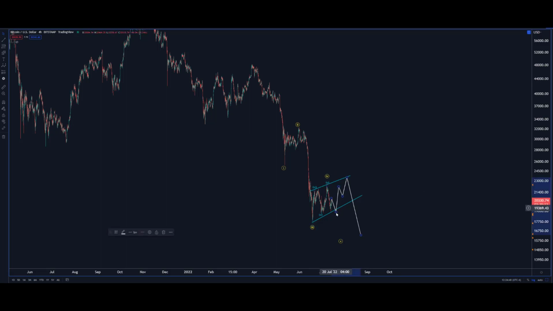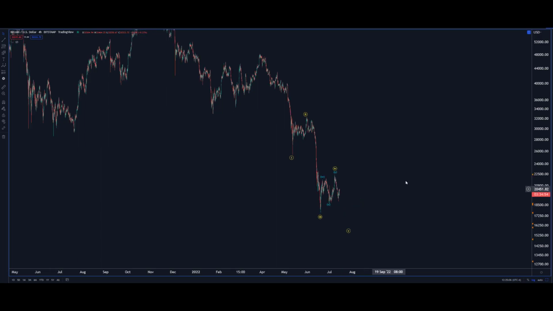So maybe it temporarily breaks this and comes back in 3 waves. So then it'll be W, X, Y, X, Z. And then the 4 will go here. Okay? But for now, because this down looks so impulsive, that remains as an alternate count.